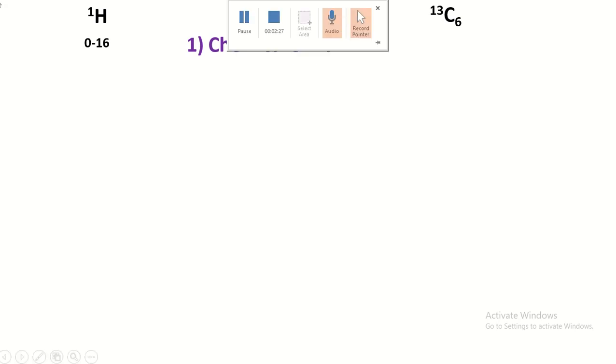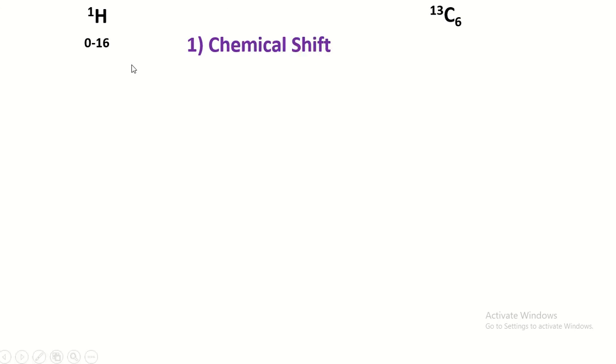Friends, then chemical shift. The range of the chemical shift in H-1 NMR is 0 to 10 ppm or delta, but the range in carbon-13 NMR is 0 to 220 ppm or delta. Why is the range of chemical shift in the carbon-13 nucleus more? Because the valency of carbon is 4 and the valency of hydrogen is 1.